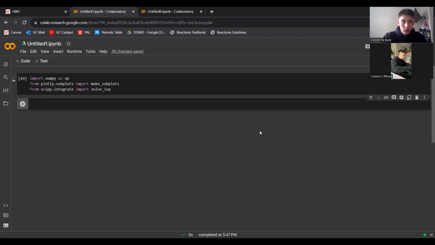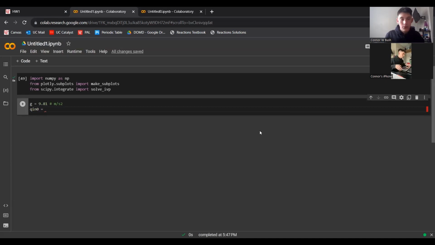So we can start with G, acceleration due to gravity, meters per second squared, are the units. We know that the initial flow rate coming in is 0.1 meters cubed per second, units for that. I'm just looking at my iPad with everything that I used previously.